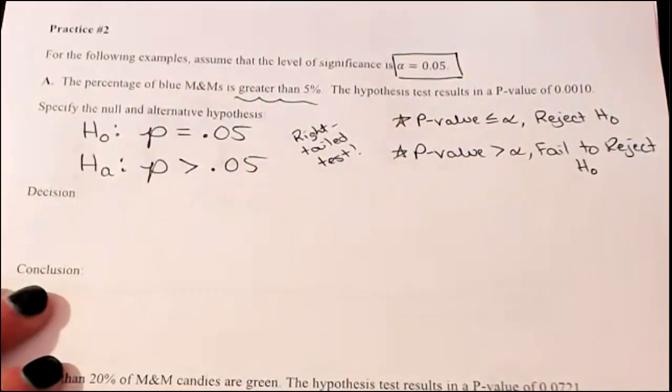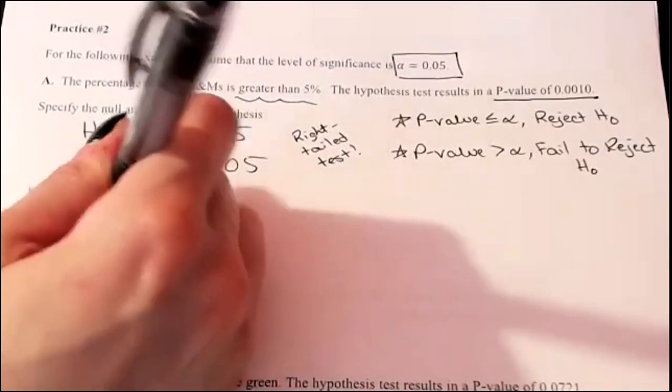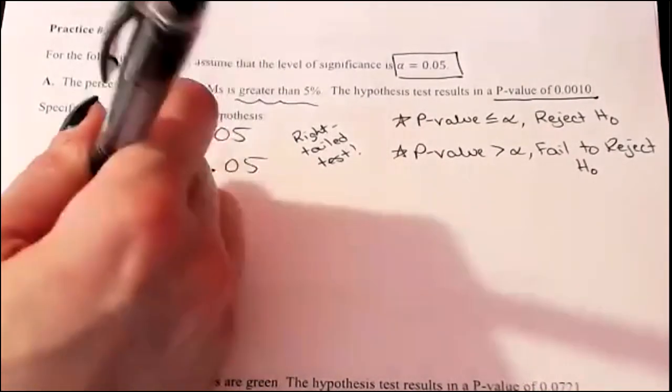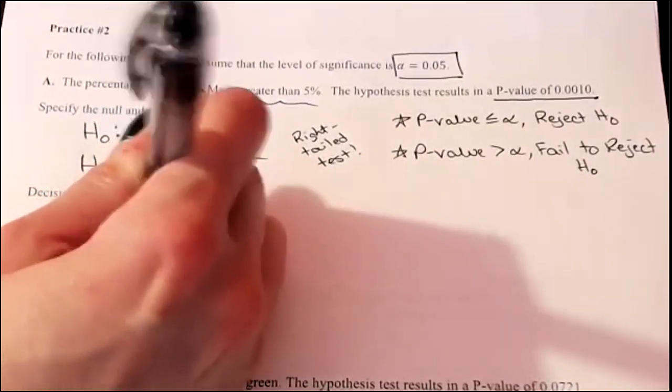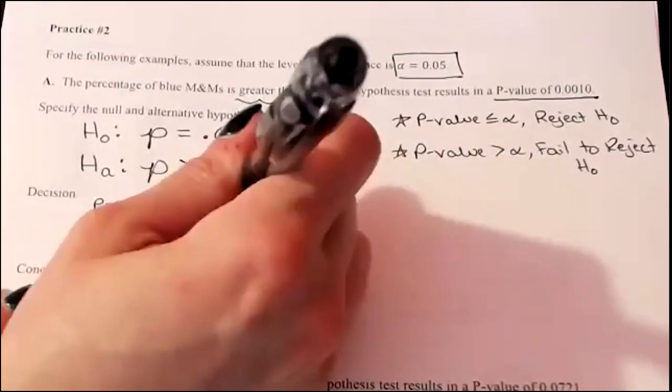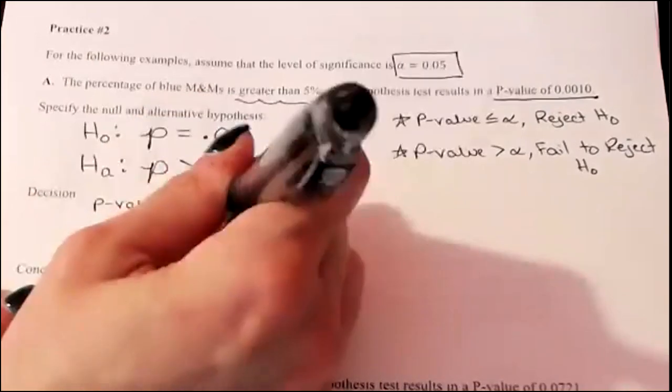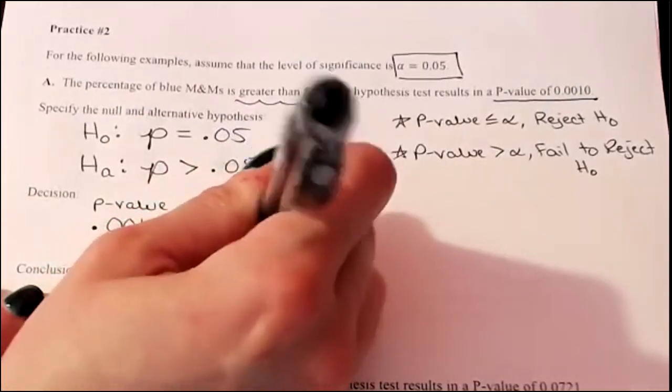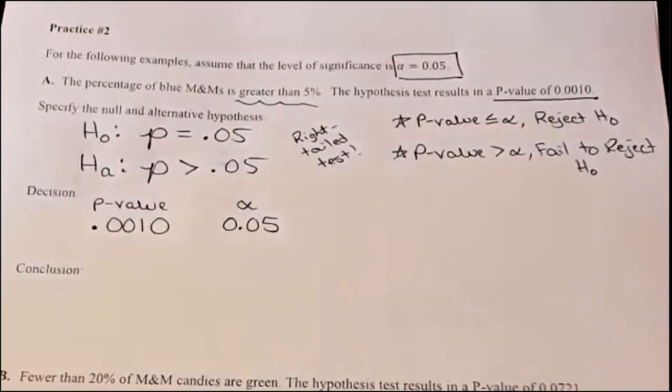So our p-value, we're told, is 0.0010. Here's our p-value. We also have to compare it to alpha. Alpha in this case is 0.05. Well, do you see that alpha is actually greater than the p-value?